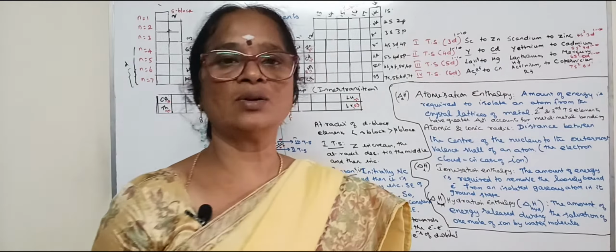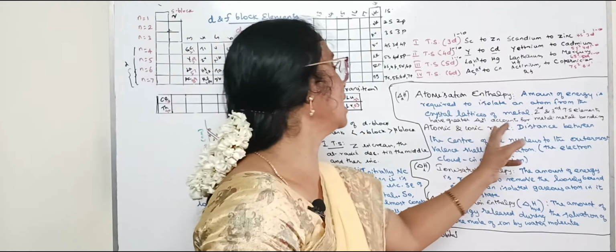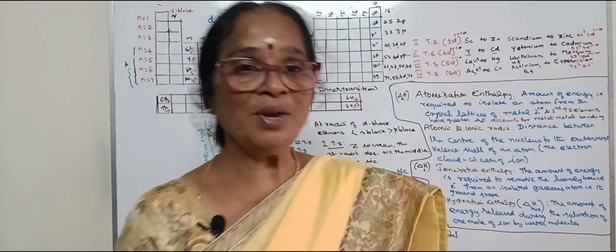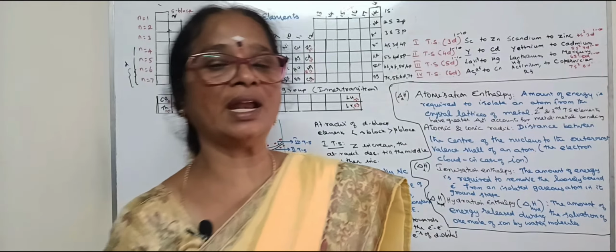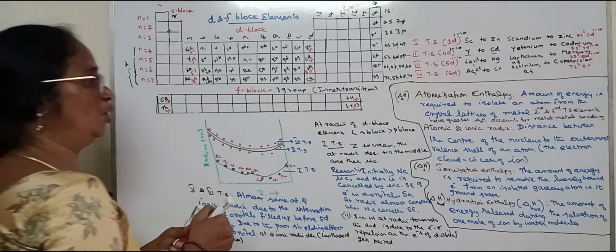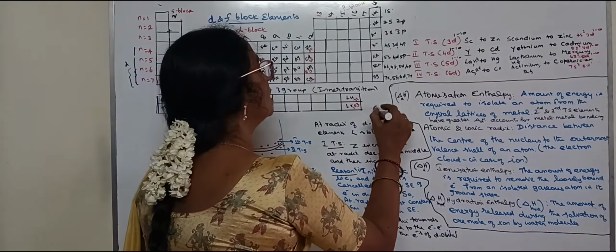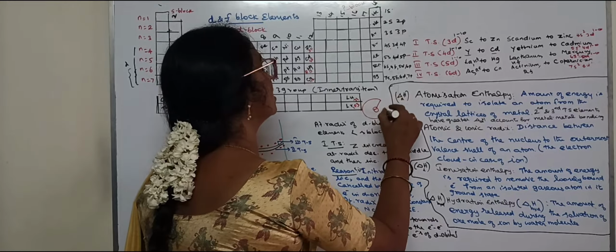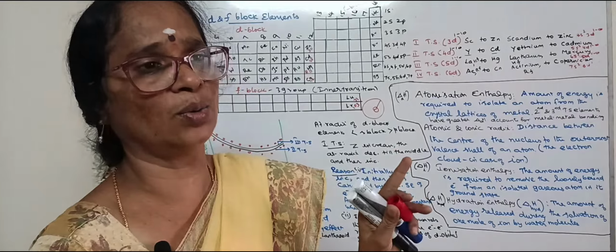So today we are going to discuss atomic and ionic radii as well as ionization enthalpy. What do you mean by atomic radii? Atomic radius is the distance between the center of the nucleus and the outermost electron, that is, the valence shell cloud.